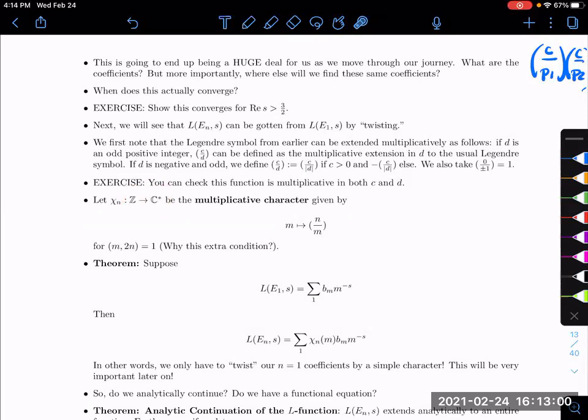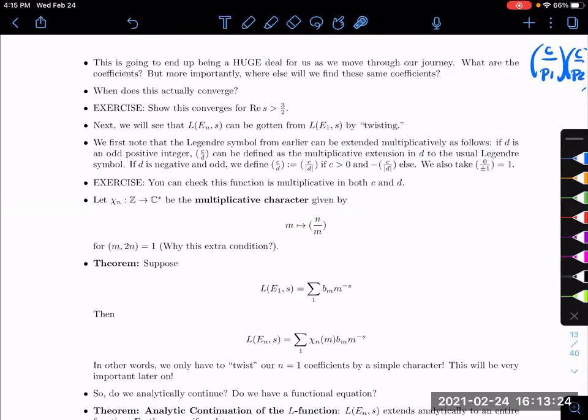Okay. And so what I'm going to do is define a character from the integers to the units of C. And here's what it's going to do. I'm going to send an integer n to the Legendre symbol n over m. Now I have to put some requirements on m here, because remember, this is only actually defined if m is odd.